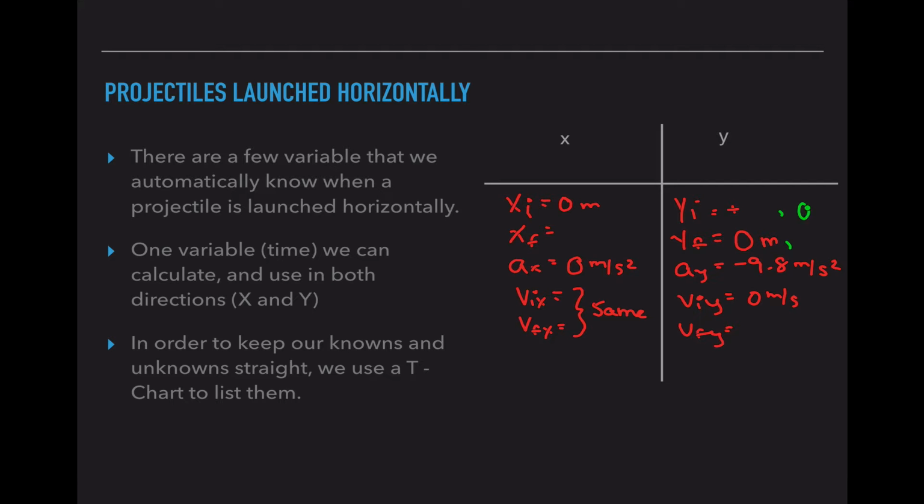We can make yi be 0 meters because that is where you are actually beginning, and yf is going to have a negative value. The issue with this green option is that you have to pay attention to your final answer. If it asks you how high is the cliff that you fell from, and you solve for a negative number, you should actually take the absolute value of that number in order to get a positive height value.